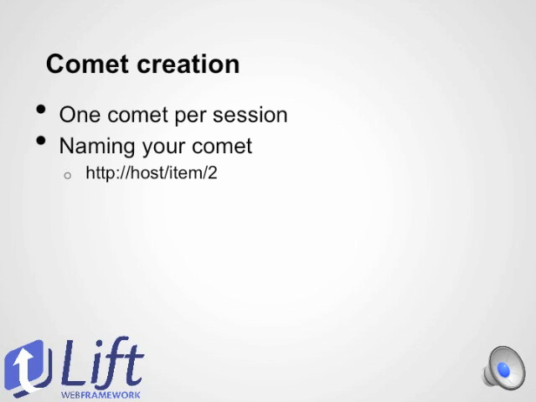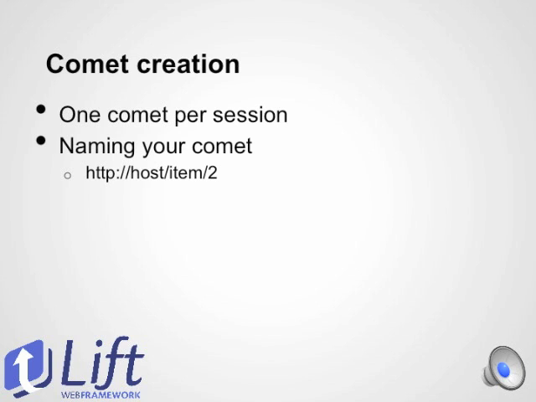Actually it will be Full(2), because it needs to be a Box. So when you get from the URL that it has item number 2, you will know that's the item you're showing. If you change the number to 3, then it will say, okay, I don't have a Comet actor for this session for item 3, let me create a new one. And so that's what it will do. And that's about naming your Comet.